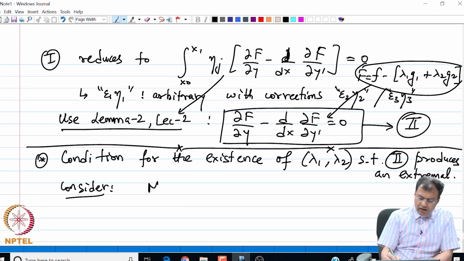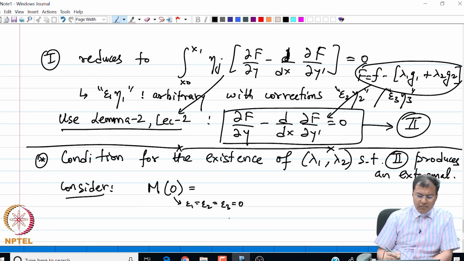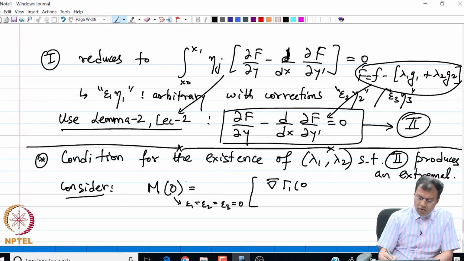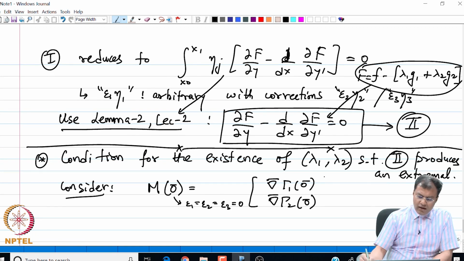the following. We consider this Jacobian matrix at 0, which is epsilon 1 equal to epsilon 2 equal to epsilon 3 equal to 0, all the epsilons set equal to 0, and what we have is a matrix which is gradient of gamma 1 at 0, and gradient of gamma 2. So, we have two conditions so far. This has 2 rows and 3 columns, because there are 3 components epsilon 1, 2 and 3.